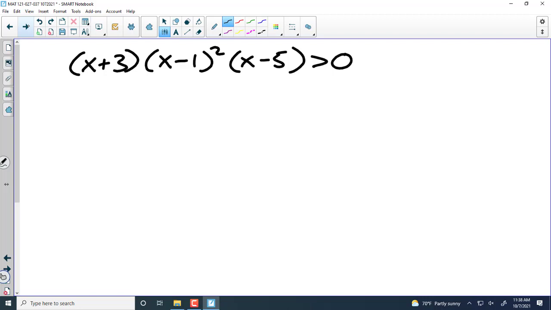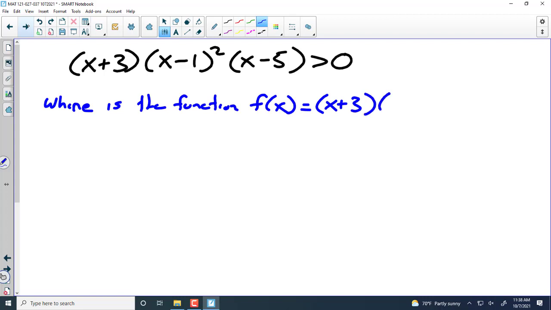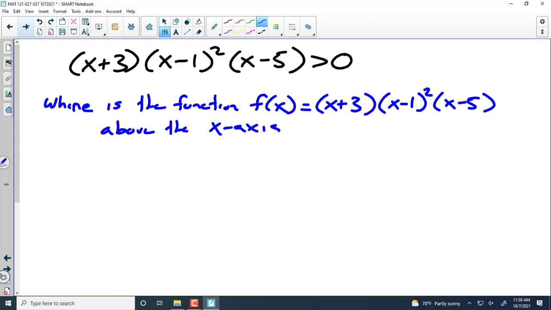What we see here is a factored polynomial, and we see a greater than 0. So really what this is asking is: where, because I'm doing the x values, is the function f of x equals (x + 3)(x - 1) squared (x - 5) above the x-axis?